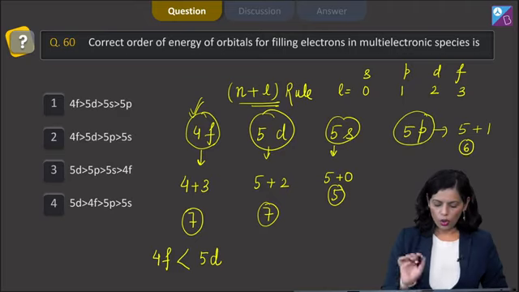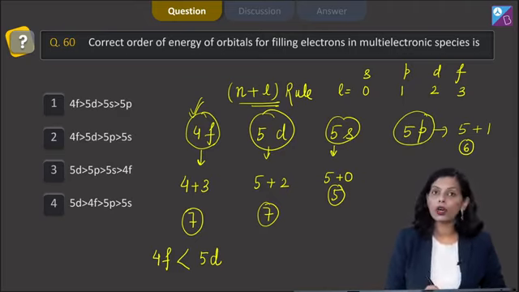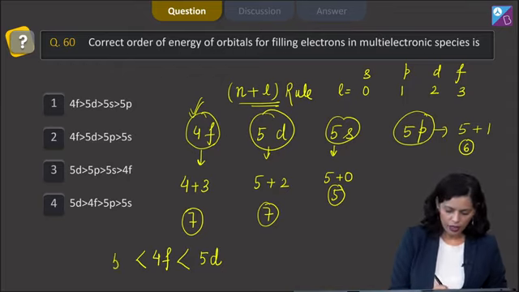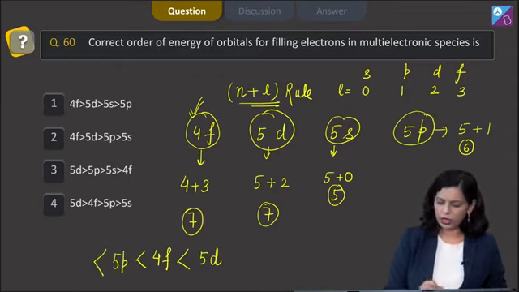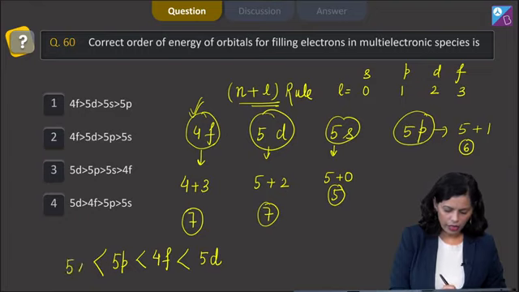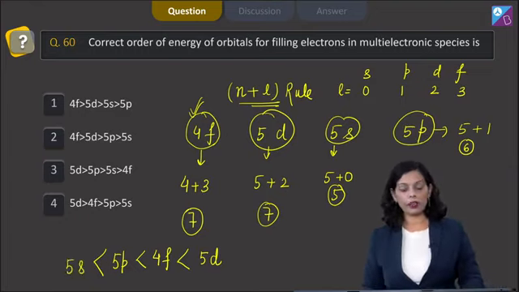How? So, this order is correctly written as maximum for 5d, then turn comes for 4f, we have already aligned, and then turn comes for the next orbital with the less energy, which is 5p, and the least associated with 5s. So, order is 5s, then 5p, then 4f, then 5d.